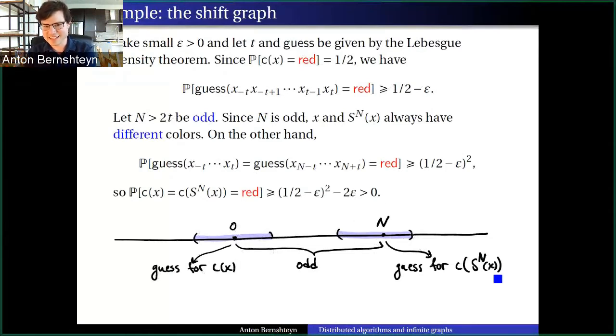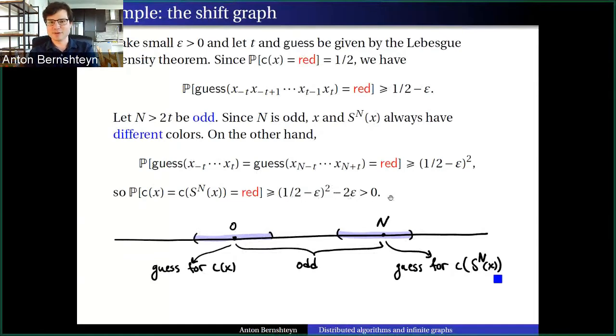And it means that this sequence is predicting what the color of Sn of x is going to be. Right? And again, this only makes an error with probability epsilon, which means that the probability that both x and Sn of x have the same color and this color is red is at least the probability that both guesses were guessing red, minus maybe the probability of error happening one or the other way. So it's 2 epsilon maybe. But if you make epsilon small enough, this is still positive.